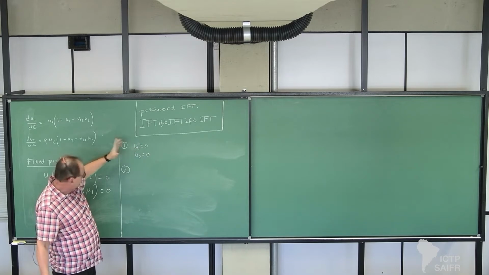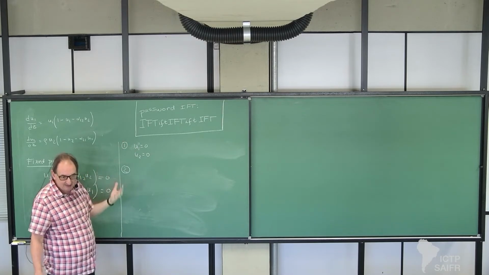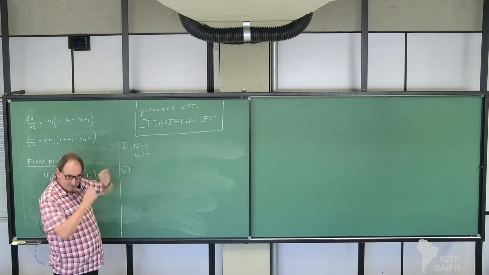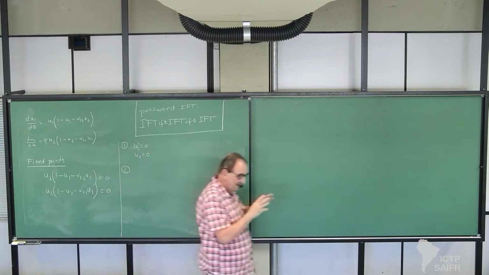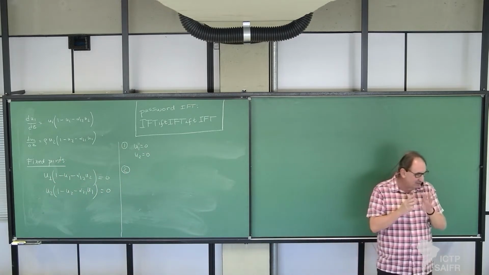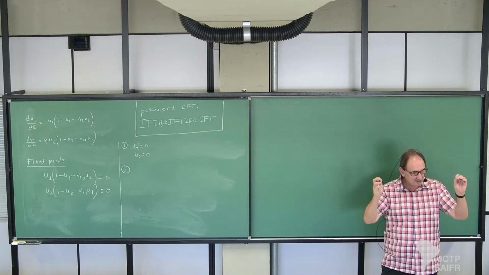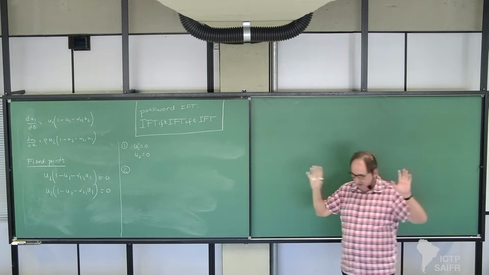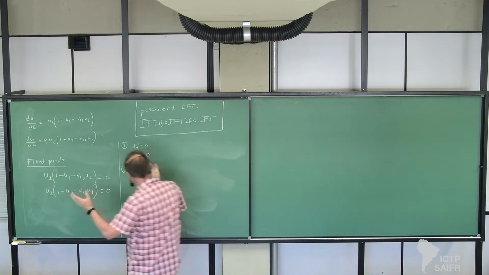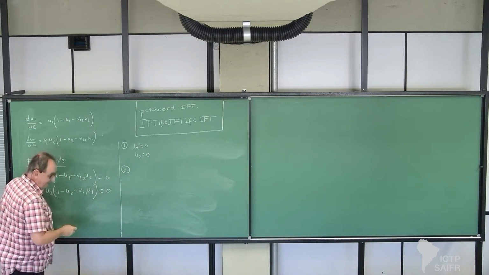But we understand that we are looking for the fixed points. In order not to have too heavy a notation here, I won't use the stars. The star means that's the particular value of the function u, not the initial condition or something.